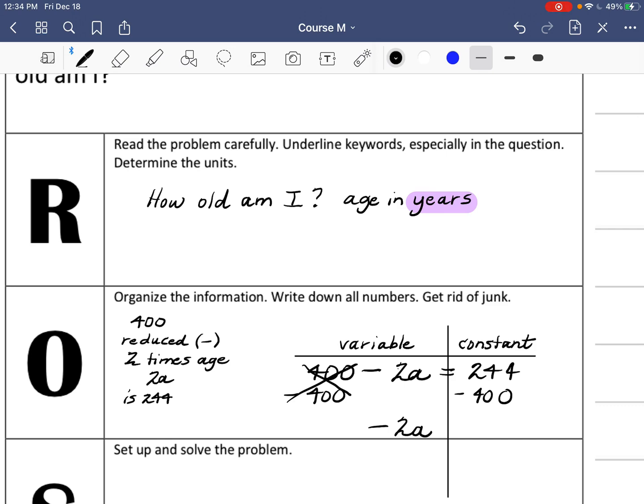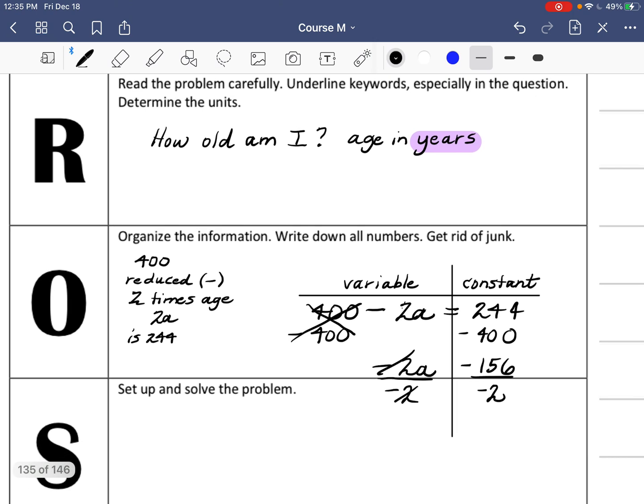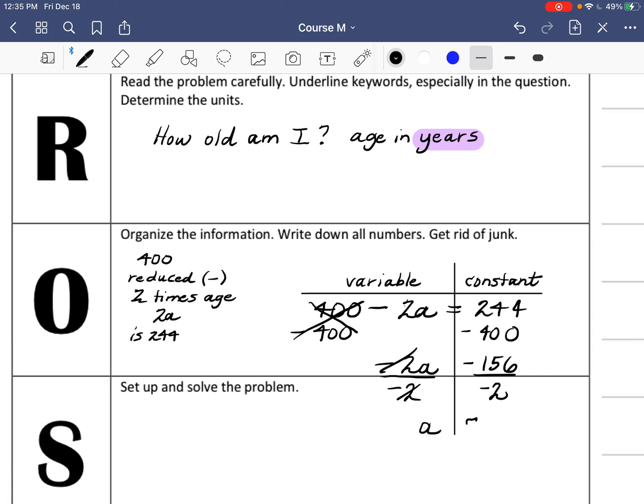Minus 2a, and then on the other side we have 244 and 400 negative, so this is a negative 156. Use your calculator, that's fine. Then I will divide both sides by negative 2. So a equals 78. My age is 78.